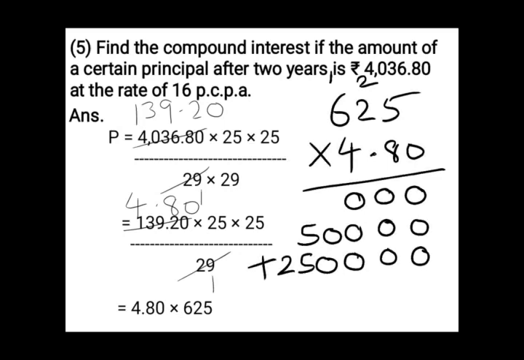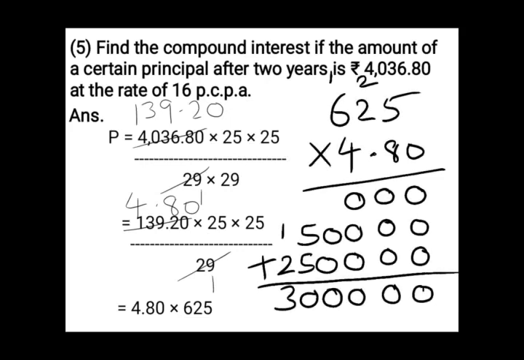Now you have to add this. 5 plus 5 is 10. 1 plus 2 is 3. In 4.80 you have a decimal point.